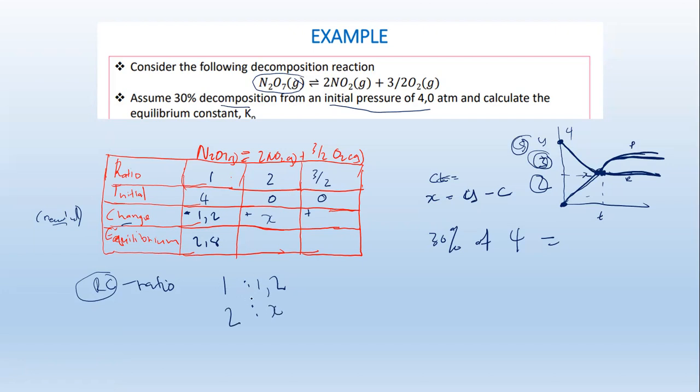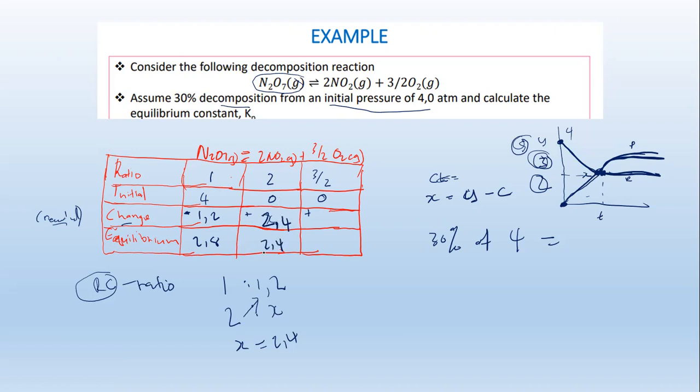Therefore I cross multiply: 1 multiplied by X, X is equal to this multiplied by that. I'm going to say 1.2 on my calculator times 2, I get 2.4. So that means my X over here is 2.4. Therefore, 0 plus 2.4 is 2.4.